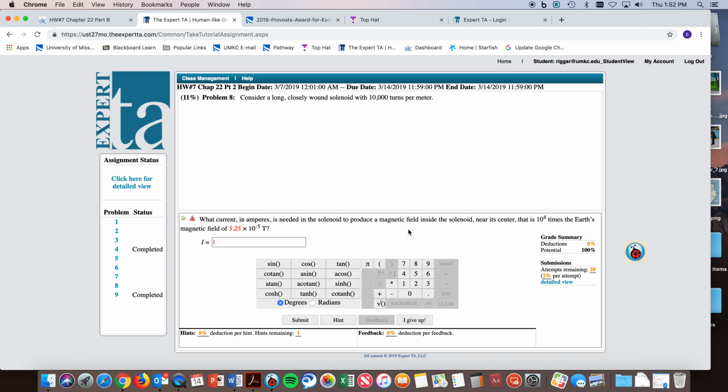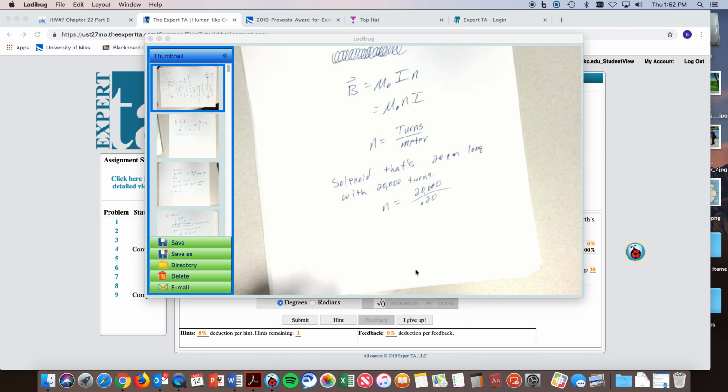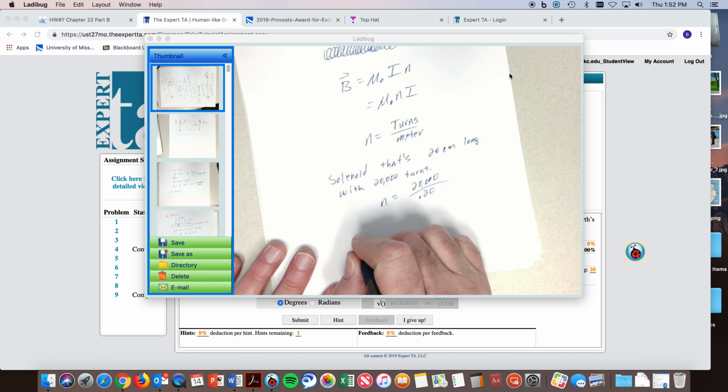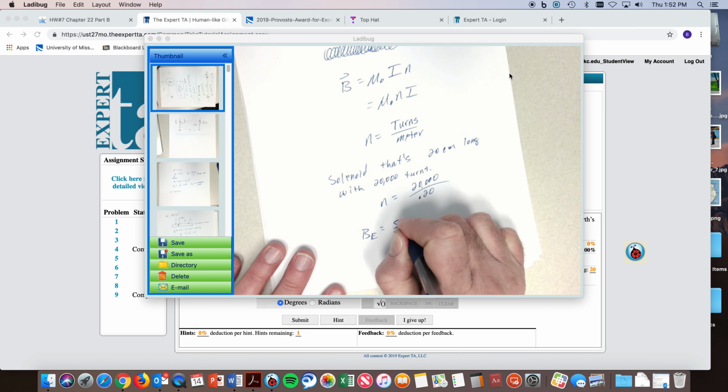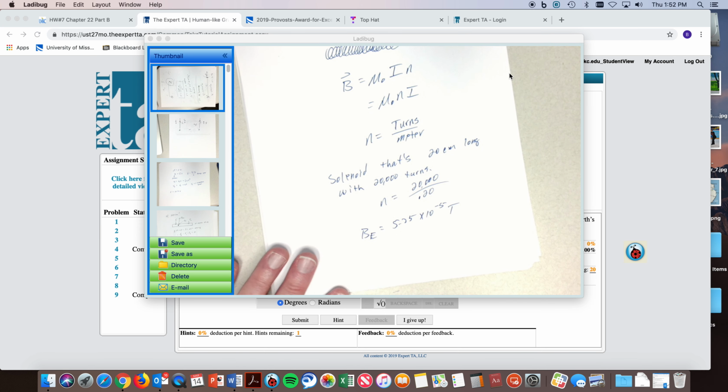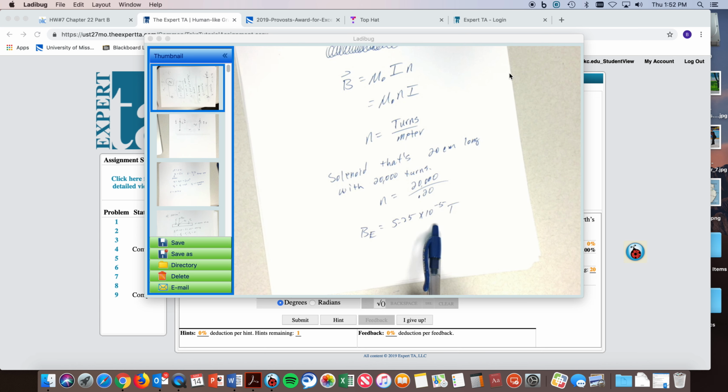Anyway, so let's go back to our problem. The Earth's magnetic field, B of the Earth, is equal to 5.25, and it varies, times 10 to the negative 5 Teslas. They'd call that 5.25 Gauss, because Gauss is the one who measured the magnetic field.